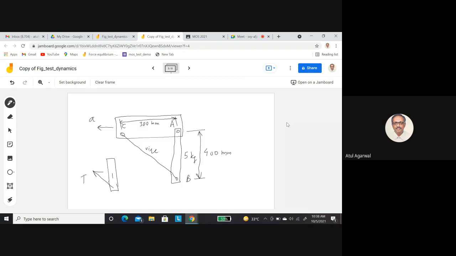There is the weight of this block, and there is a force on the point A. You take a coordinate system. So the entire block is accelerating. This vehicle is accelerating.